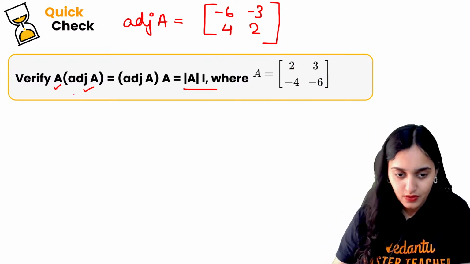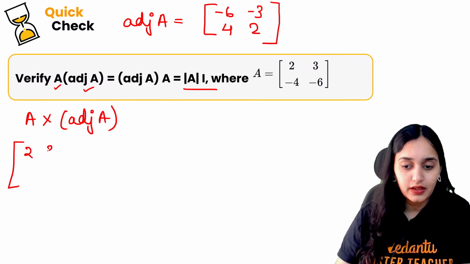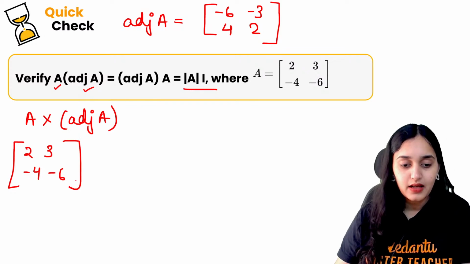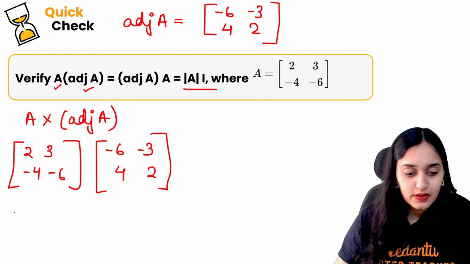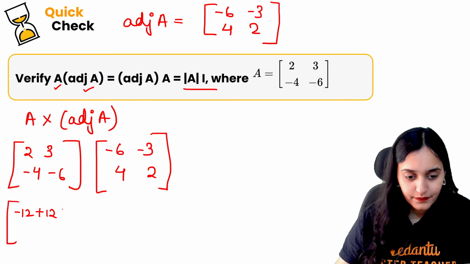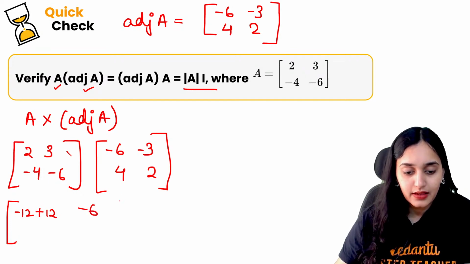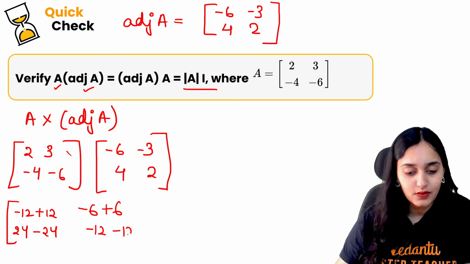Okay. Now, A into adjoint of A is basically [2, 3; minus 4, minus 6] multiplied by [minus 6, minus 3; 4, 2], which is basically 2 times minus 6 is minus 12 plus 3 times 4 is 12, then 2 times minus 3 is minus 6 plus 3 times 2 is 6, then minus 4 times minus 6 is 24 minus 6 times 4 is minus 24, then minus 4 times minus 3 is 12 minus 6 times 2 is minus 12.